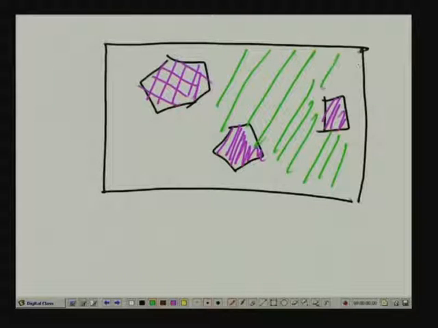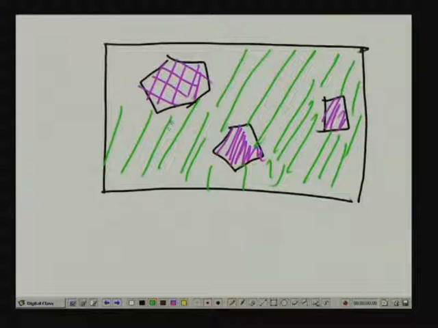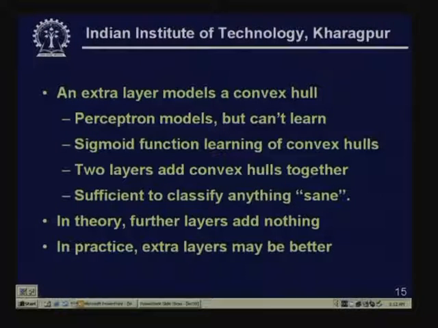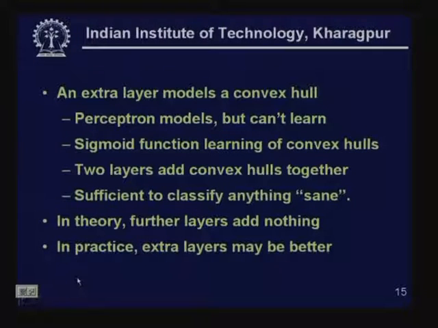So, such a decision surface can be learned by a neural network having two hidden units. In the first hidden unit, we can learn the individual convex hulls. In the second unit, we can combine them.